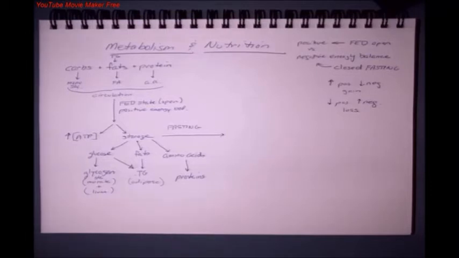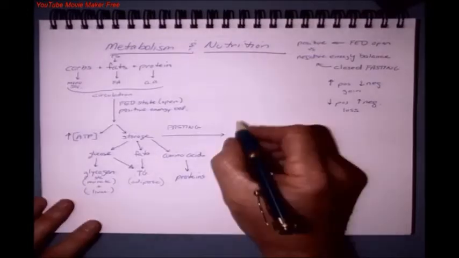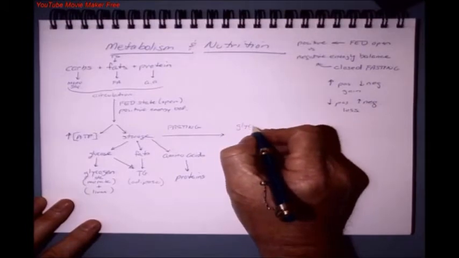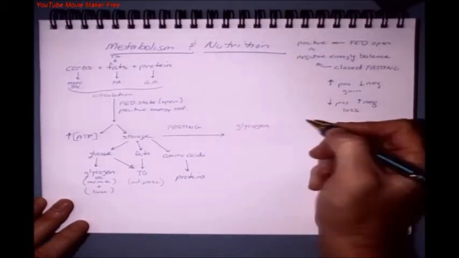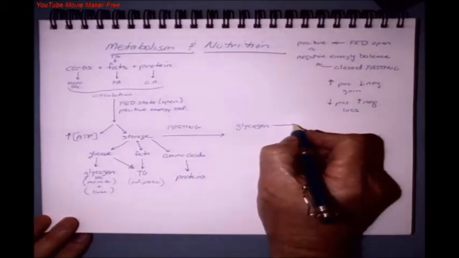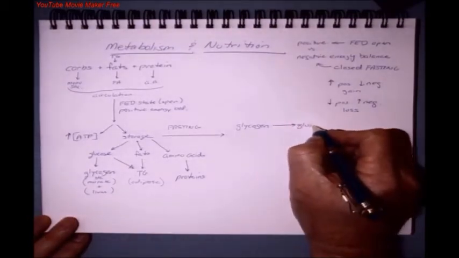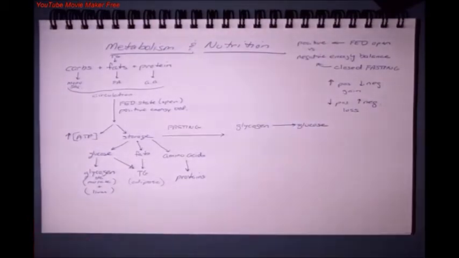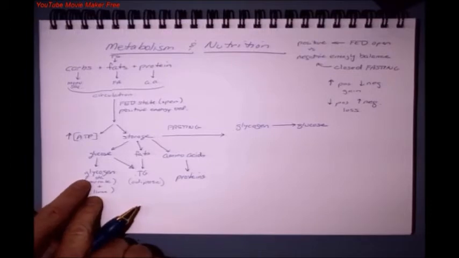So when we're in a fasting state, that means you still need energy. So you're going to have to use the energy from the stores. So the first store is going to be glycogen. Now what you're simply going to do is recapture glucose from those glycogen stores. Now we have two glycogen stores. We have one in skeletal muscle.